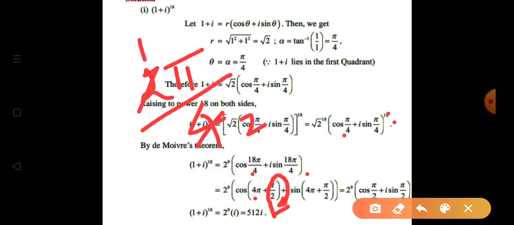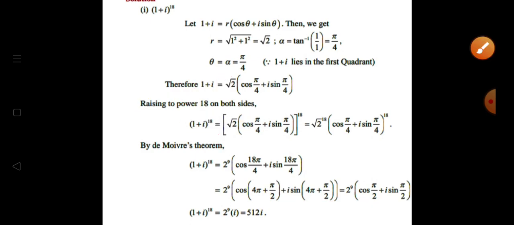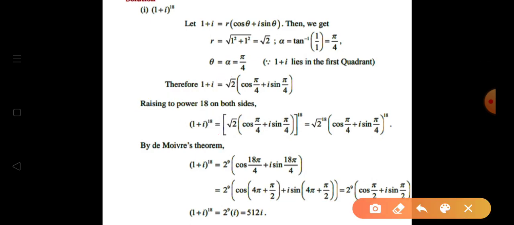So we write 4 pi plus pi by 2. Are you understand? Now 2 power 9 into cos (4 pi plus pi by 2) plus i sin (4 pi plus pi by 2). Which quadrant does 4 pi plus pi by 2 lie in?